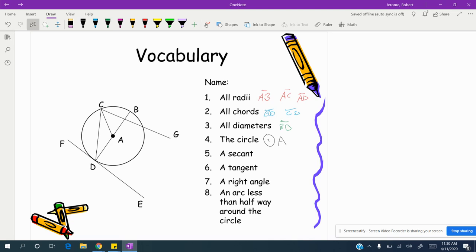We're asked to name a secant. A secant includes a chord, but then breaks outside the circle. So given our figure, we can see that we have secant CG.